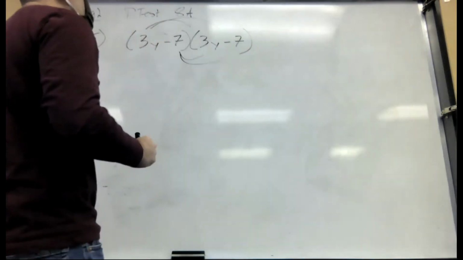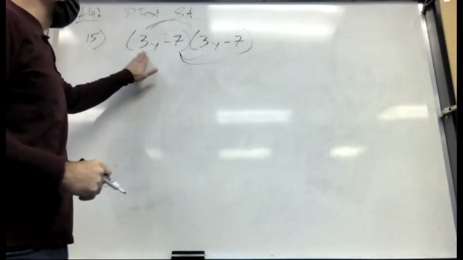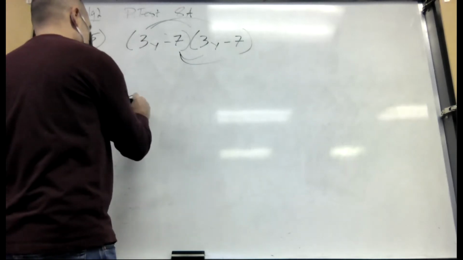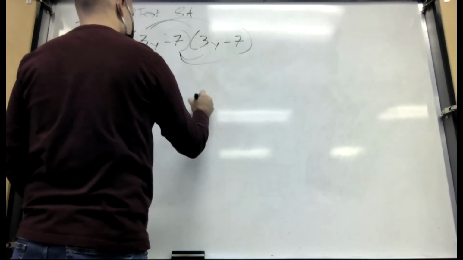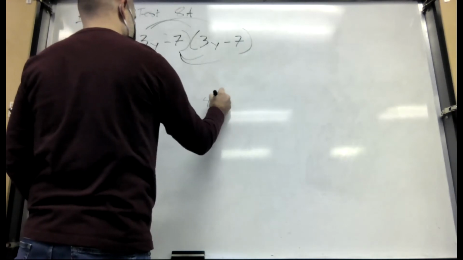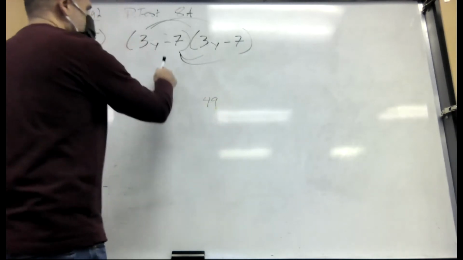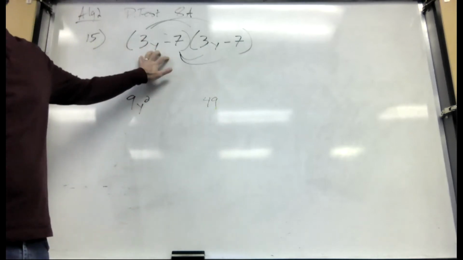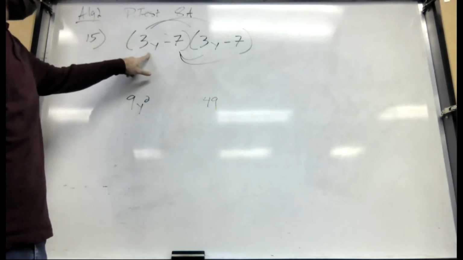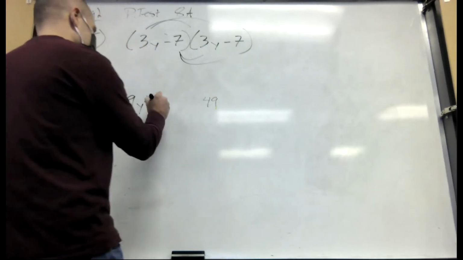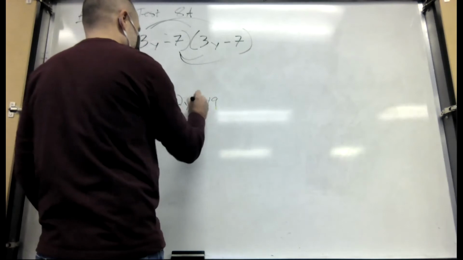Or the shortcut is just square that. So 9y squared, square that. So that's positive 49. Okay, and then double this product. So -7 times 3y is -21y, and then double it, you get -42y.